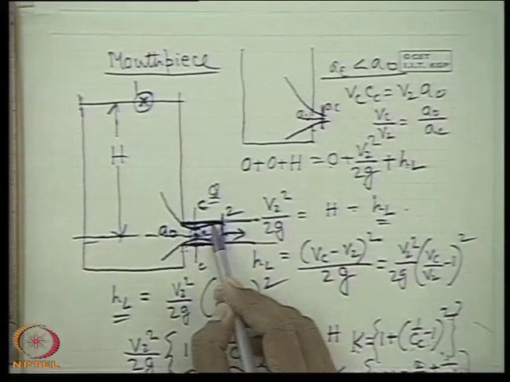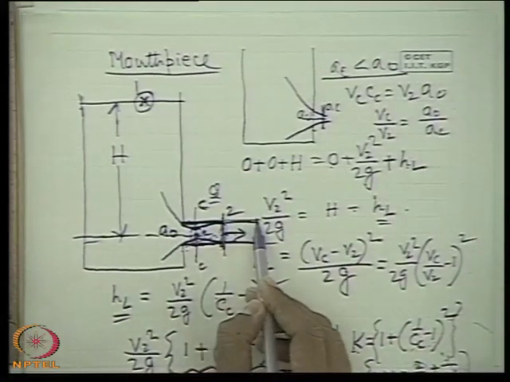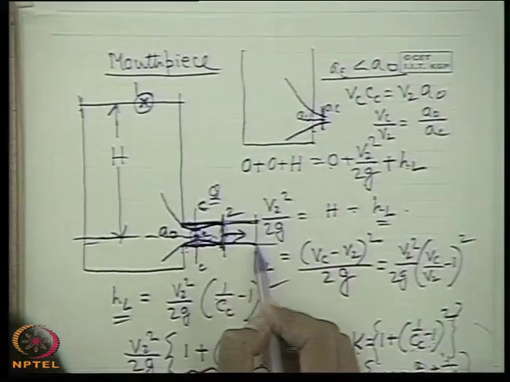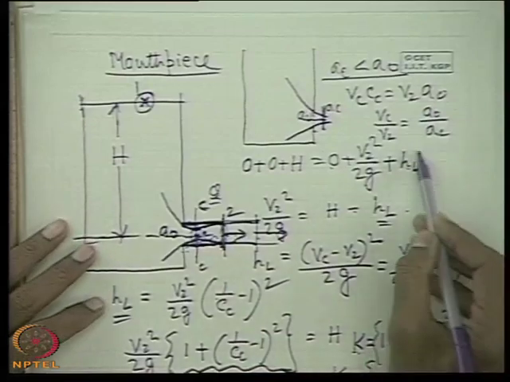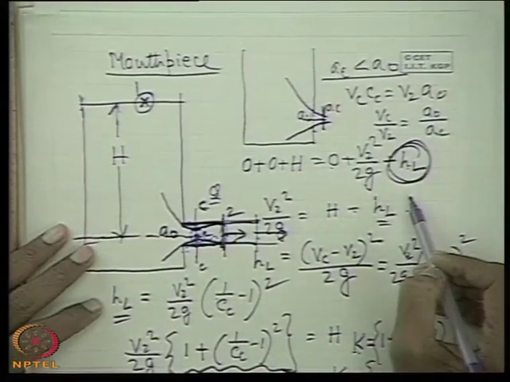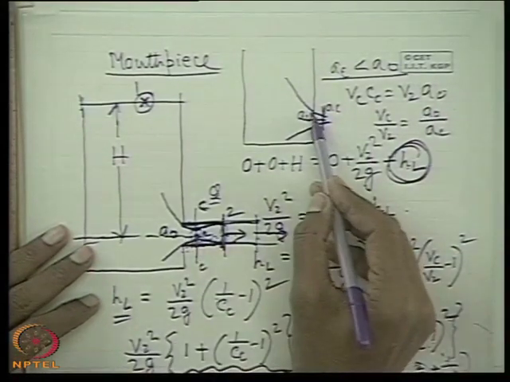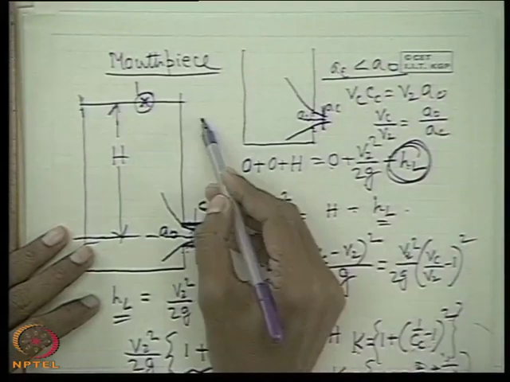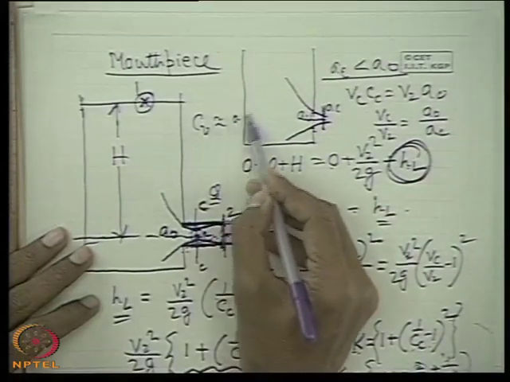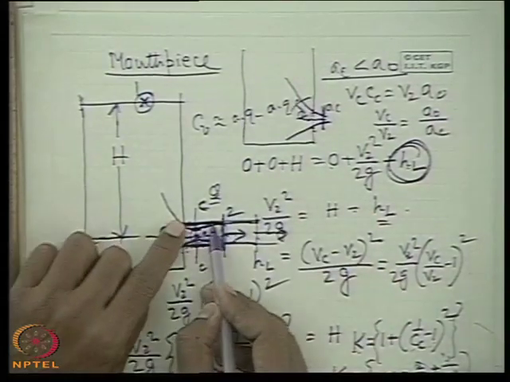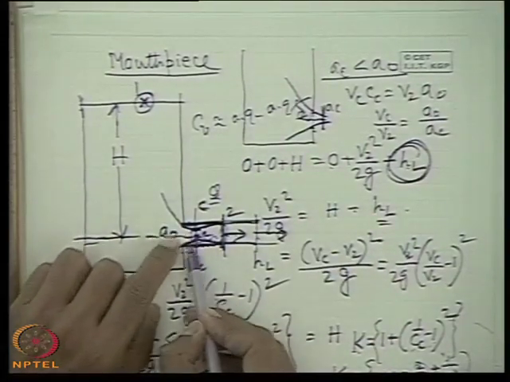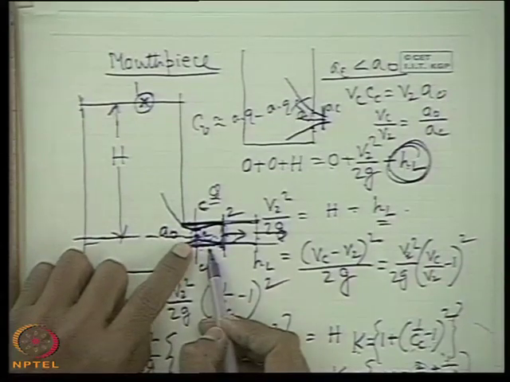Apart from this contraction loss, there may be more frictional loss, so the actual velocity of discharge will be much less than root over 2gh. So this HL will increase much. That's why a short portion, because in a short orifice friction is very less. CV value usually lies between 0.9 to 0.95. So therefore, we must have a very short piece which is just sufficient to expand this stream tube.